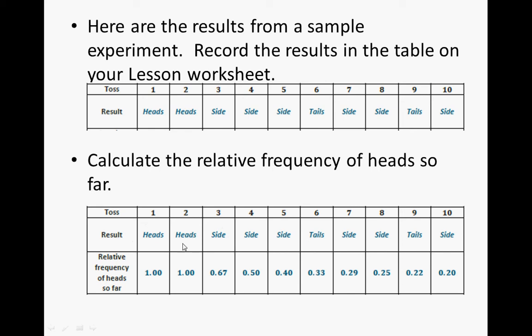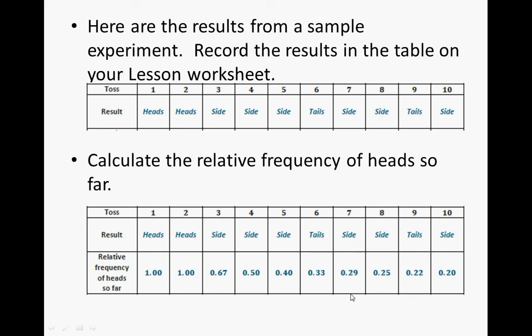In the second toss, 2 out of 2 is 1. But then for the third toss, we have a side, so now we have 2 out of 3, which is 0.67. Then 2 out of 4, which is 50%. 2 out of 5, which now brings us down to 40% or 0.40. 2 out of 6, which is now 33% or 0.33 repeating.